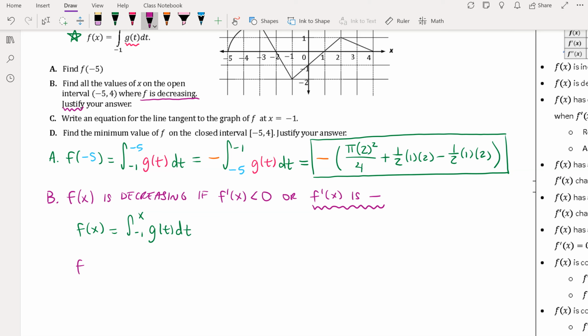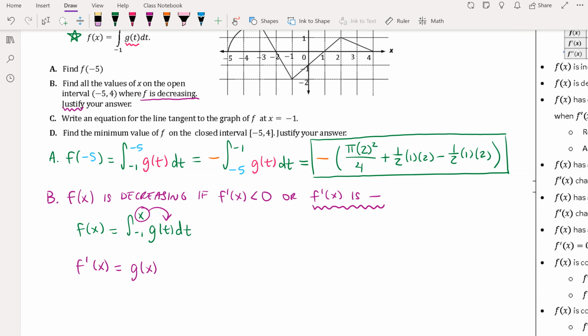So f prime of x, we can use our fundamental theorem of calculus. Remember, when you're taking the derivative of an integral and you have a function in the upper boundary, we can just plug that function in. So it's g of x. And then times the derivative of just x, but that would be just times 1, right? So we don't need that part. Okay, so now we know that f prime is g of x.